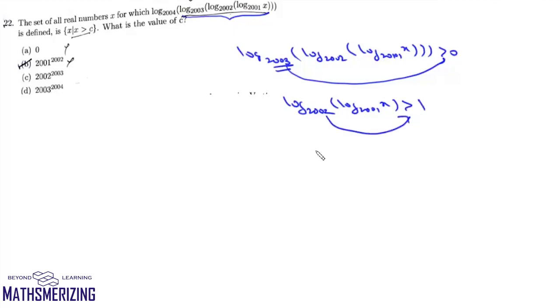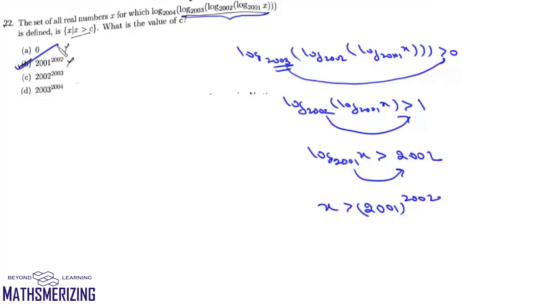Now we take anti-log again, we can write log x to the base 2001 should be greater than 2002, and if we take anti-log again, then we'll get x should be greater than 2001 to the power 2002. So the value of C should be 2001 to the power 2002, and that's your option number B.